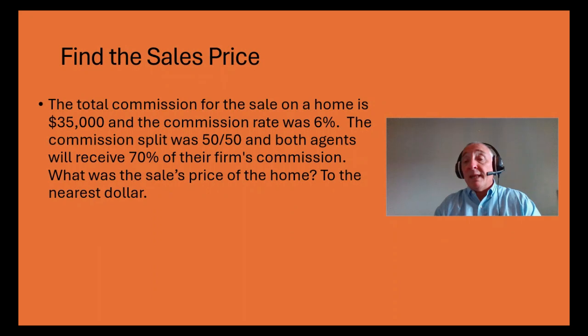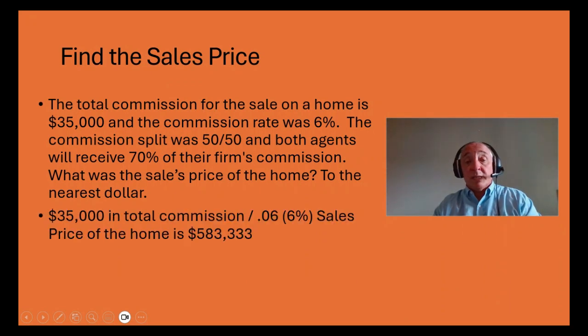But that really doesn't matter, because the only thing they're asking for is the sales price of the home to the nearest dollar. All we need is the $35,000 and the 6%. So $35,000 in total commission divided by 6%, and the sales price of the home is $583,333.